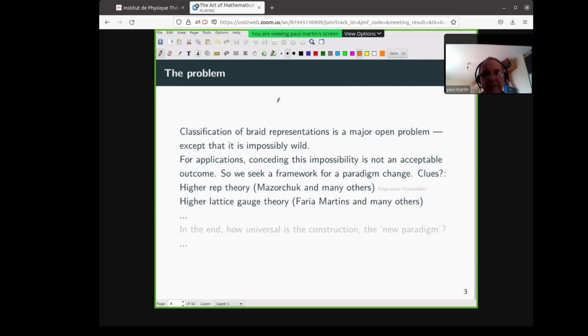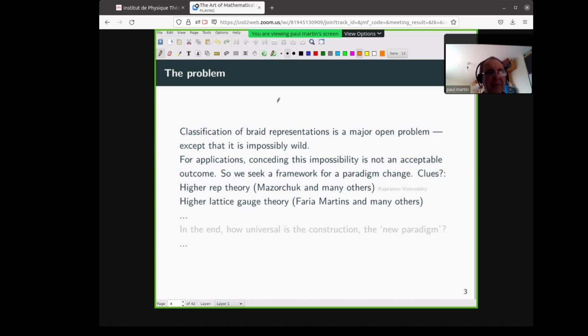Eric Rowell has his own set of clues prompting the way we've gone at this. It's probably useful for me to say that my clues come in part from recent developments in higher representation theory, the work of, for example, Mazurchuk and many others. This is around two vector space categories, that kind of thing, Kapranov, Voevodsky.